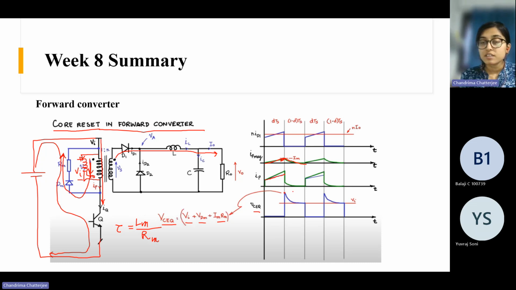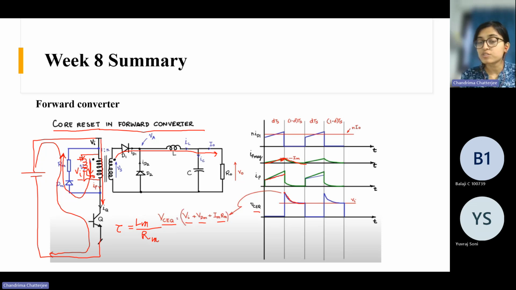And here the core resetting has just started. So that's why this voltage is like this. This is the peak value, right? Because now IM is at its peak. But then IM gradually reduces. That's why this voltage drop also reduces along with IM. As IM reduces, IMRM also reduces.